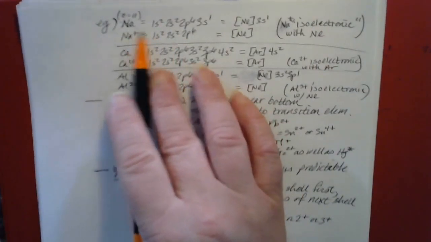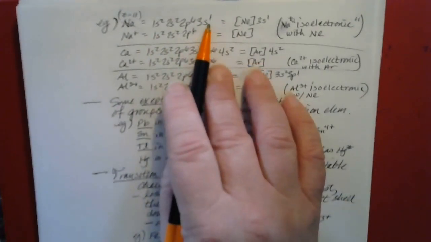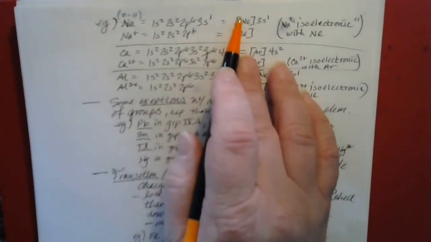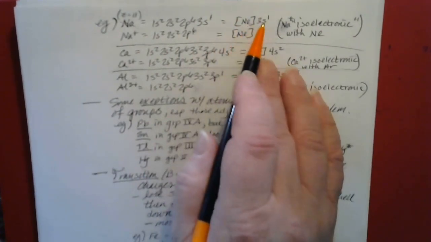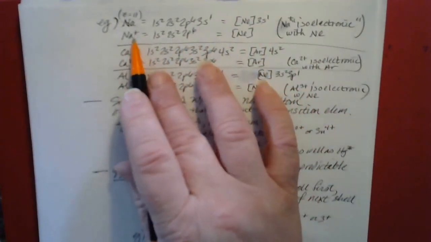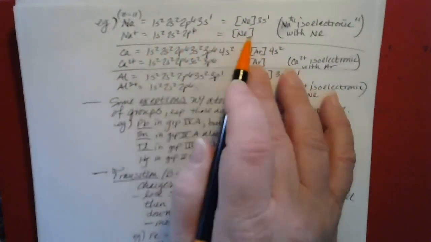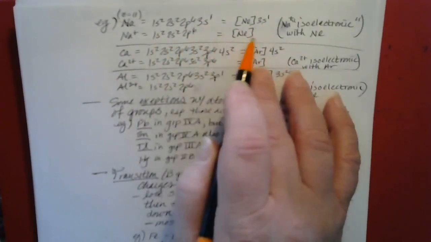So, for example, as we've already seen, the sodium atom has this electron configuration with 11 electrons. That's equivalent to having the same configuration as neon plus a 3s1 electron. When you lose an electron to form an Na+ ion, it's that 3s1 electron that goes, and now you have the same electron configuration as neon.